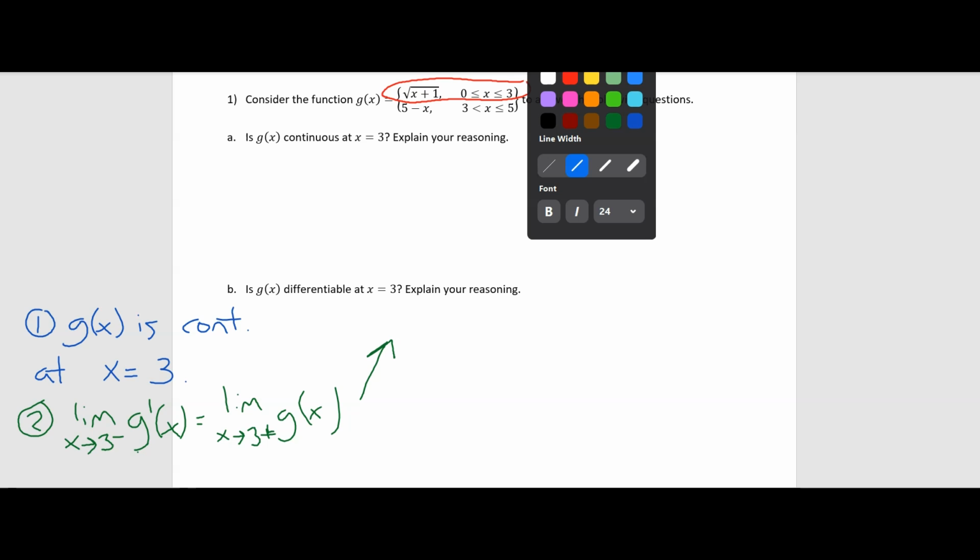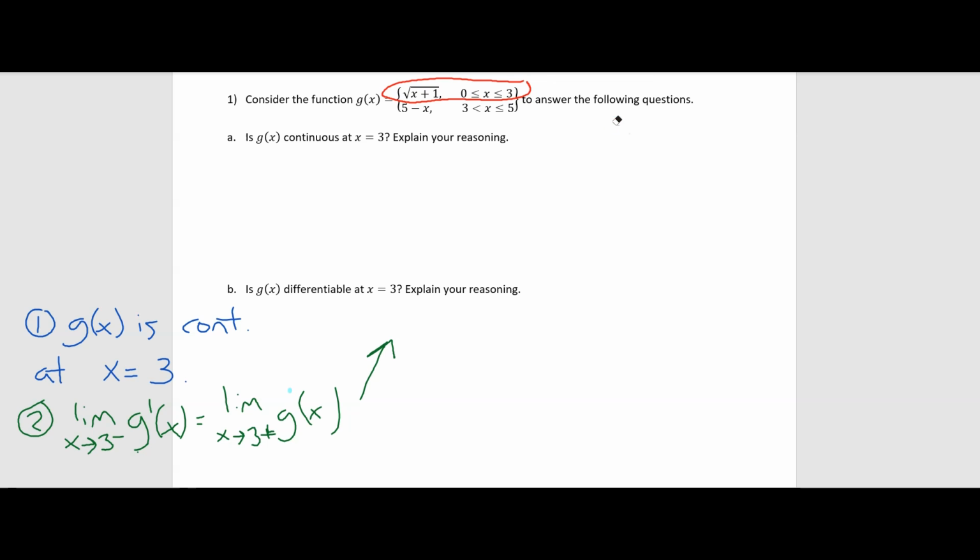Oops, almost made a mistake. Make sure that is the derivative of g, not just g of x. So we also need to figure out which piece of the function we're supposed to take the derivative of. Again, we talked about this for part A. So we have the limit as x approaches 3 from the left-hand side, and we're going to need to take the derivative of the square root of x plus 1.